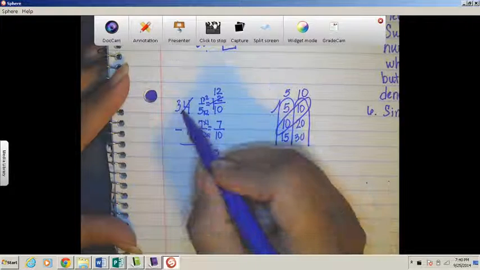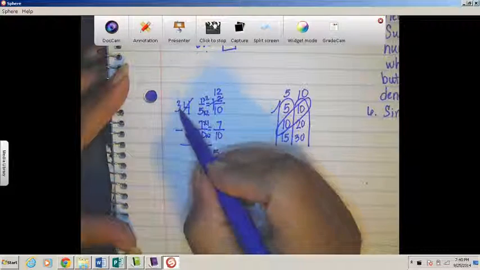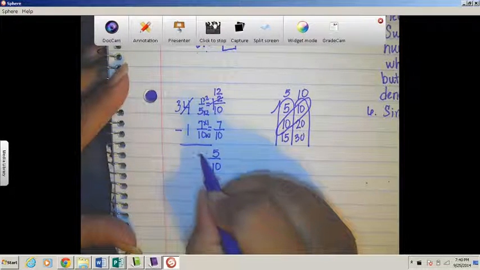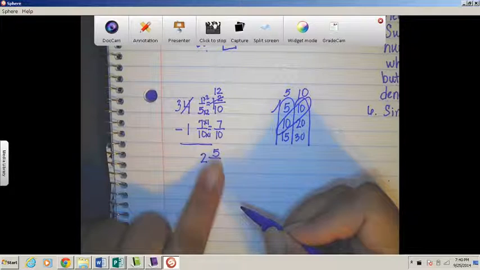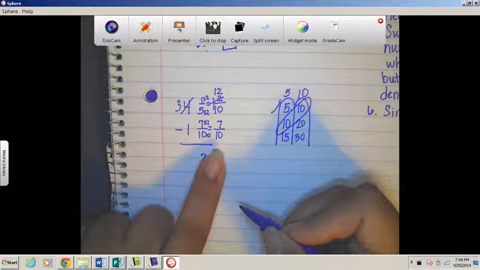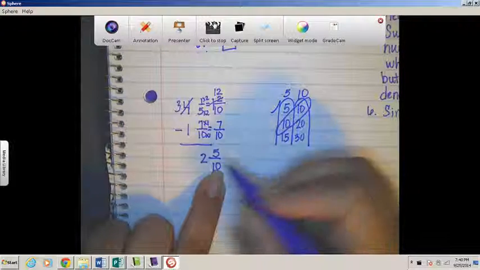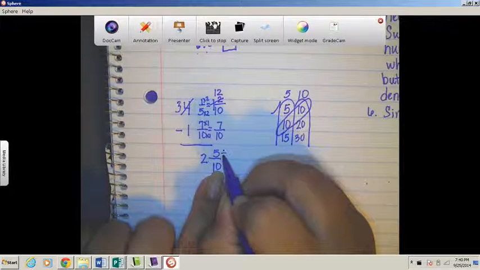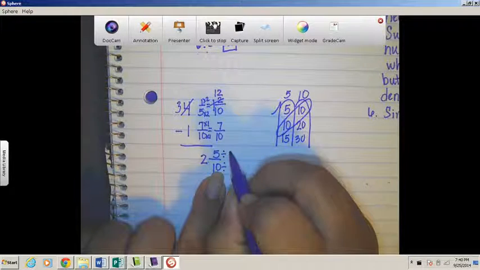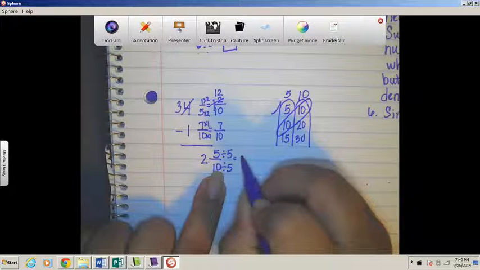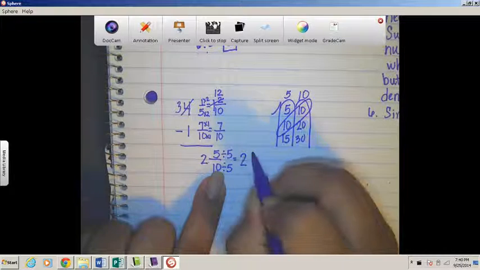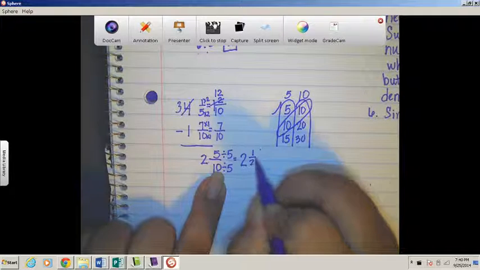And now we can subtract the whole numbers. 3 minus 1 is 2. 2 and 5/10. 5/10 can be simplified. We can divide both the numerator and the denominator by 5, which gives us 2 and 1/2.